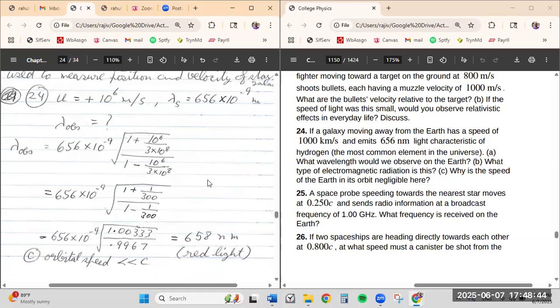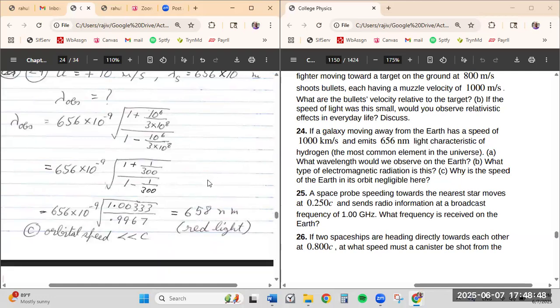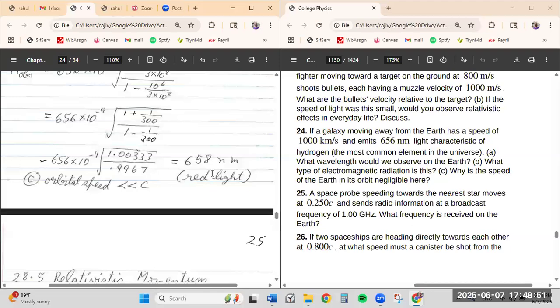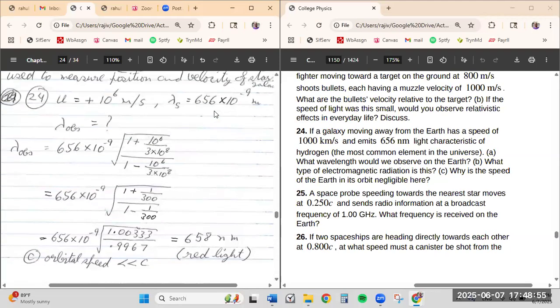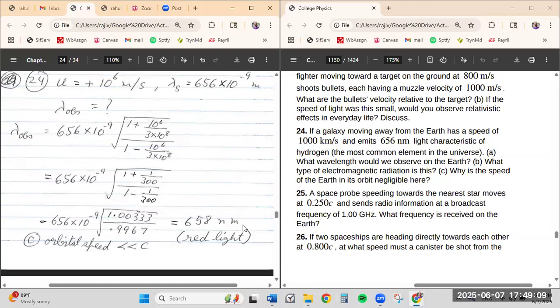So then you just plug in the numbers. c is, of course, 3 times 10 raised to 8, and it gives you an answer of 658 nanometers. So the original wavelength was 656 nanometers, and it's perceived to be 658 nanometers. It's a small difference, and yet it is a non-zero change.